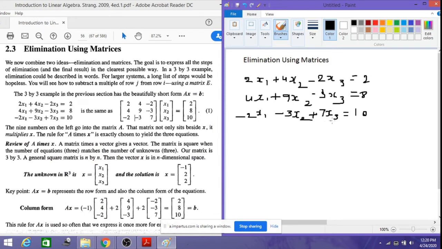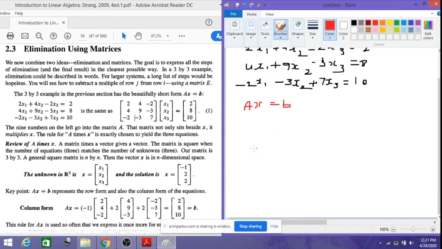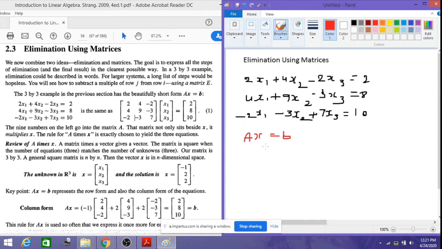So we have taken a 3x3 matrix here. Now we will try to represent this in matrix form in the same way as we used to, that is in the form of AX equal to B. If we bring it into matrix form, then all these coefficients will be put in A. So our first matrix will be a 3x3 matrix: 2, 4, minus 2, then 4, 9, minus 3, then minus 2, minus 3 and 7.